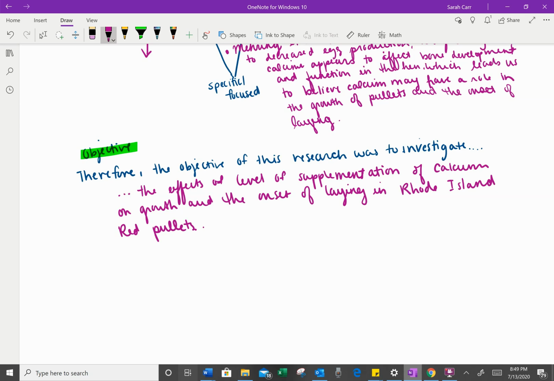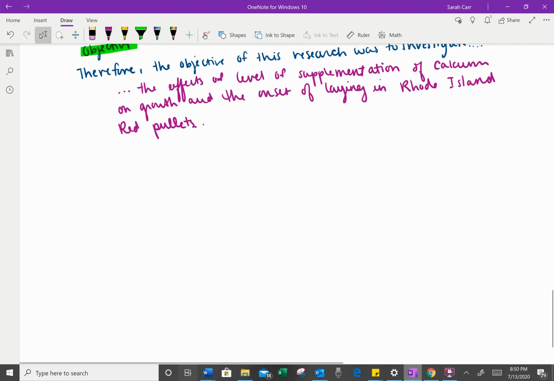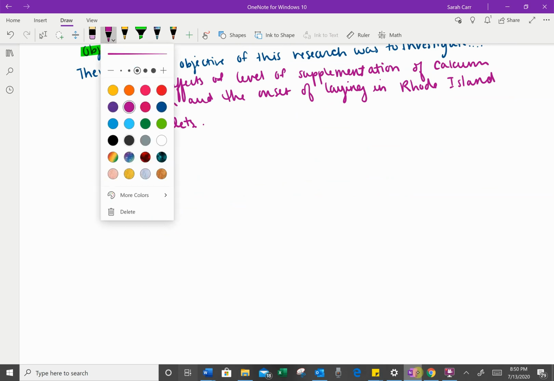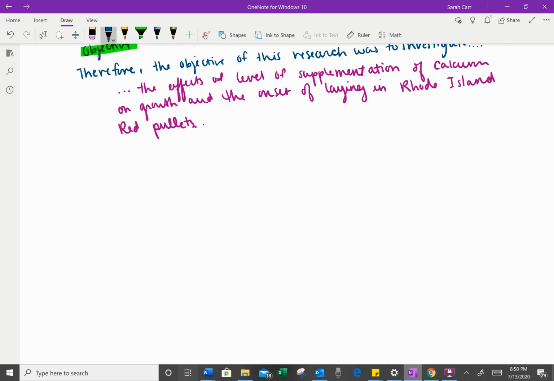This is a very specific objective. We are looking at growth. We're looking at how old these animals are when they start laying. The animals we're using are Rhode Island red, which are chickens. We would then go on to write the hypothesis, and the hypothesis is very specific to what you think.